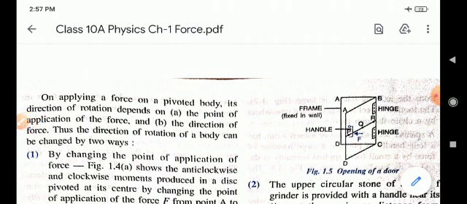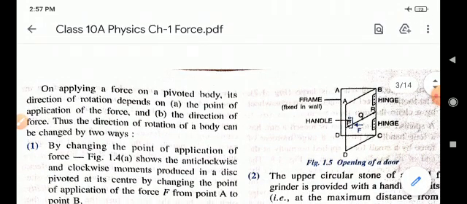To open or shut a door, we apply a force, push or pull, F normal, to the door at its handle P, which is provided at the maximum distance from the hinge, as shown in this figure 1.5.